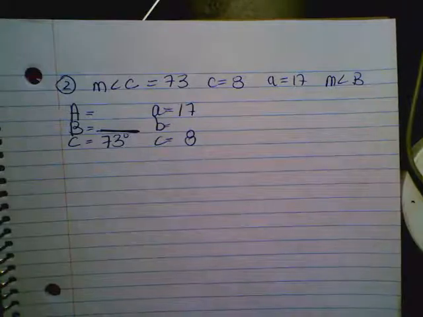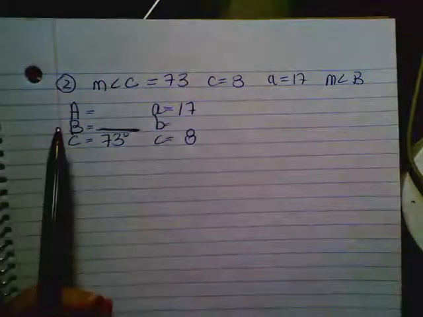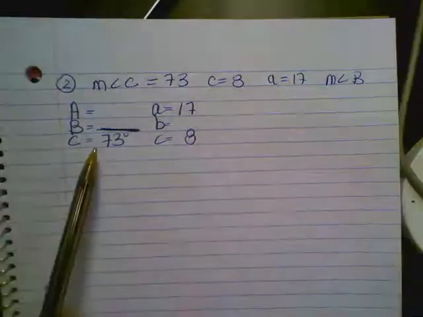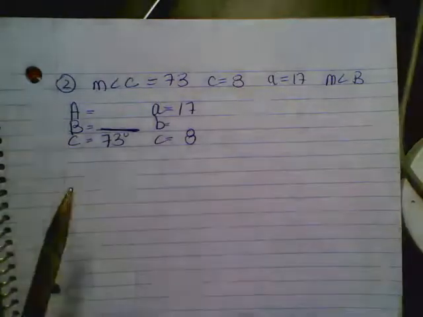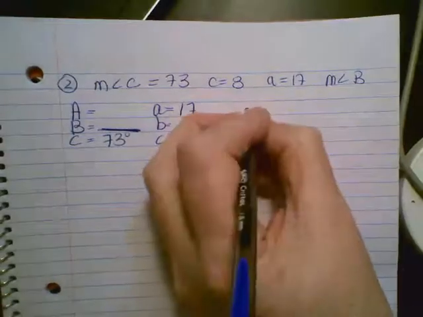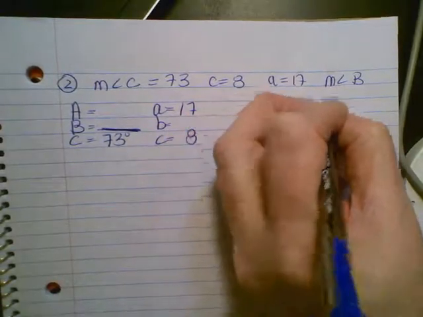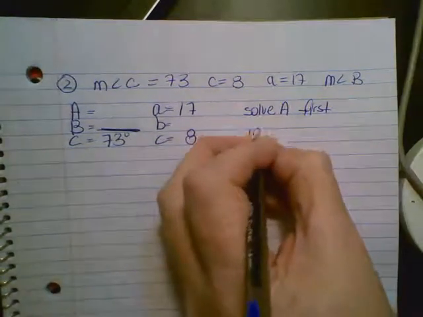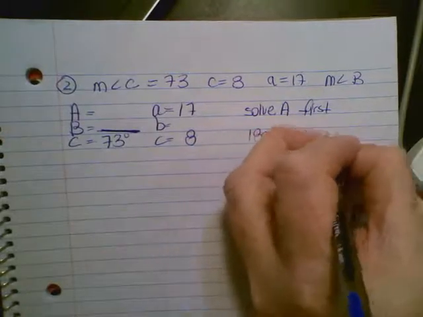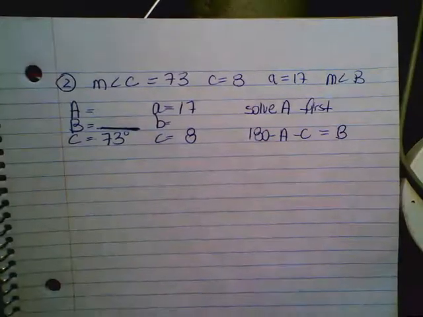Well, I can't really do that because I don't have a matched pair. I mean, I have the matched pair of C, but I have missing pieces. What I'm going to do is problem solve. I have to solve for A first, because then I can do 180 minus A equal to angle B, right?